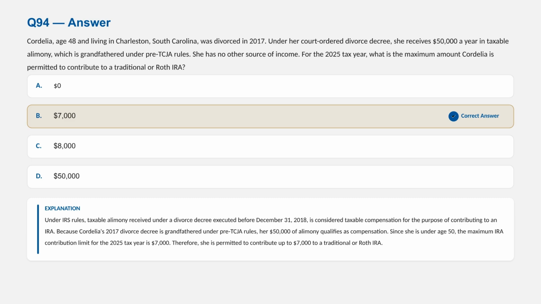Because Cordelia's 2017 divorce decree is grandfathered under pre-TCJA rules, her $50,000 of alimony qualifies as compensation since she is under age 50. The maximum IRA contribution limit for the 2025 tax year is $7,000. Therefore, she is permitted to contribute up to $7,000 to a traditional or Roth IRA. Now let's move to our next question.